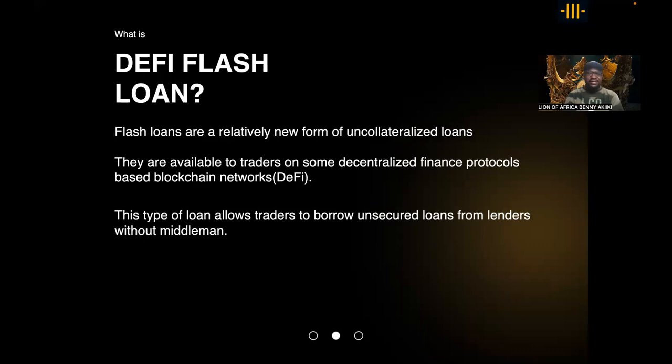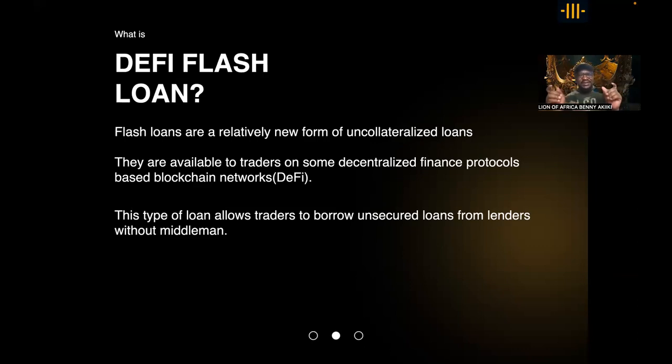You see? Now, listen, flash loans are a relatively new form of uncollateralized loans. They are available to traders on some decentralized finance protocols, based on the blockchain network. These are DeFis. This type of loan allows traders to borrow unsecured loans from lenders without middlemen. The word is unsecured.